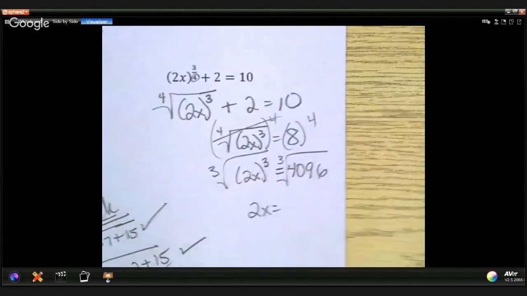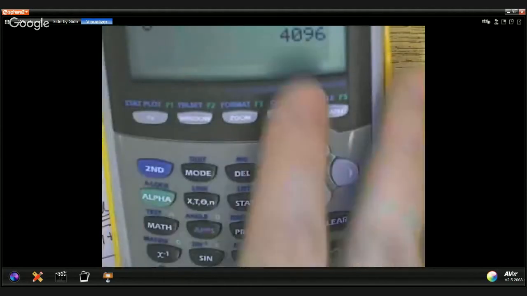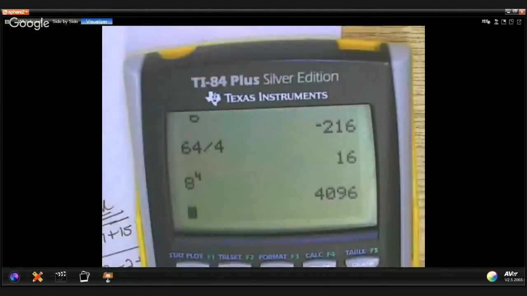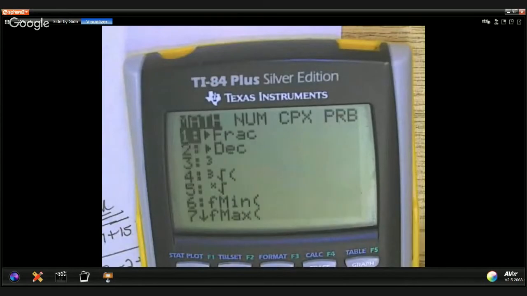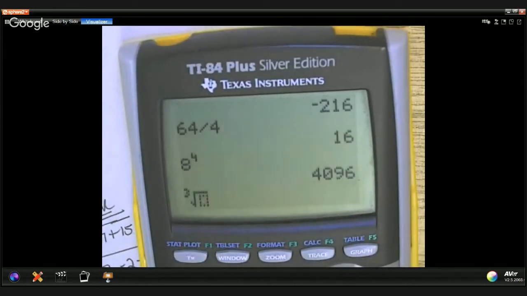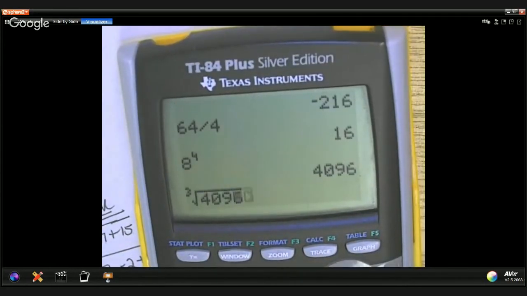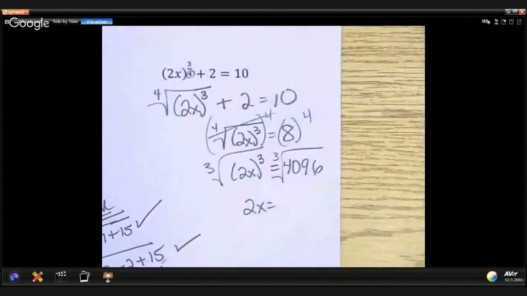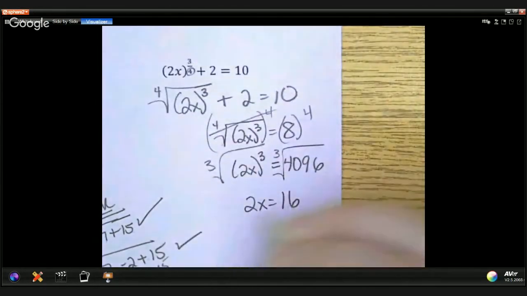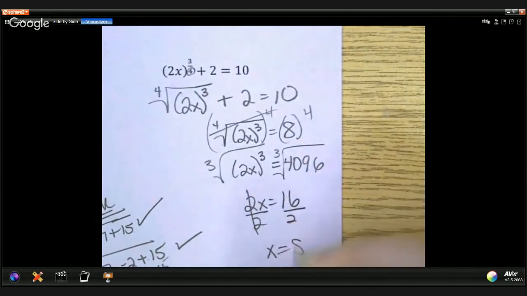So I get 2x is equal to the 3rd root of 4096. The 3rd root of 4096 is 16. And now to get rid of a times 2, I divide by 2. So I get x is 8.